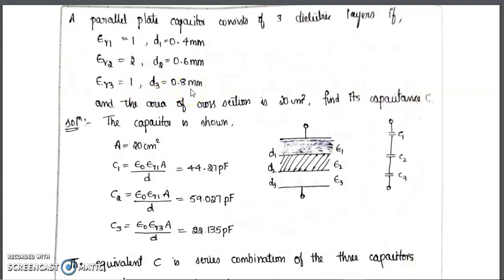The area of cross section is 20 centimeter square. Find the capacitance.